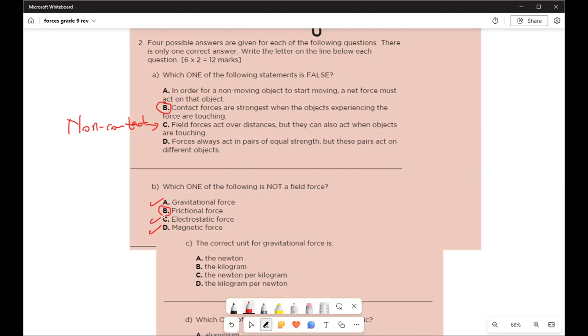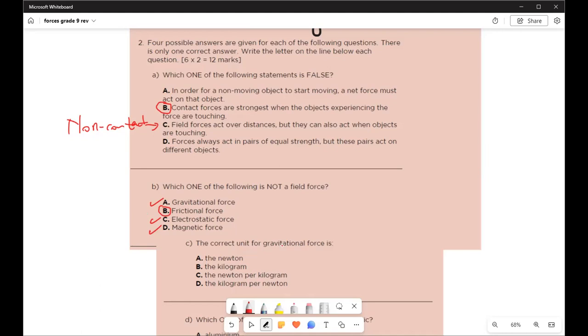So here the object must be touching the surface. The two objects must be in contact for the frictional force to exist. For example, when you're rubbing your hands, the heat that is created in between is because of the frictional force. You cannot feel the frictional force if two objects are not in contact. Perfect.